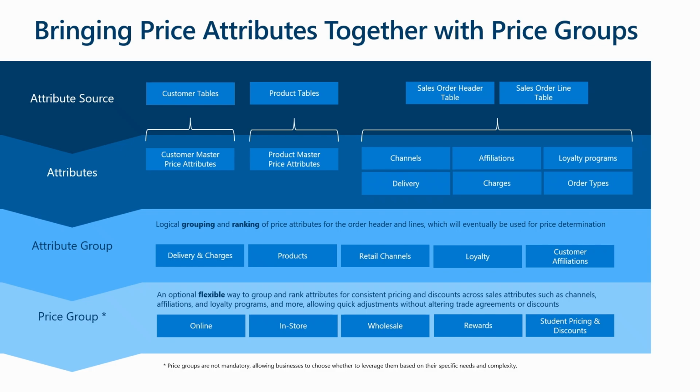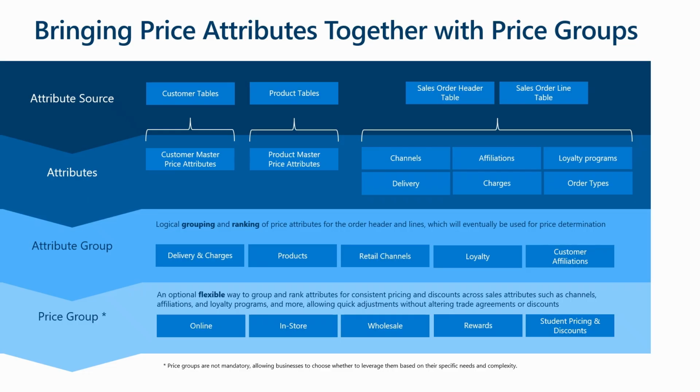For example, Contoso can create a price group that combines attributes like sales channels and customer loyalty programs, allowing them to apply specific promotions such as student discounts or loyalty rewards across multiple locations with just 5 clicks.